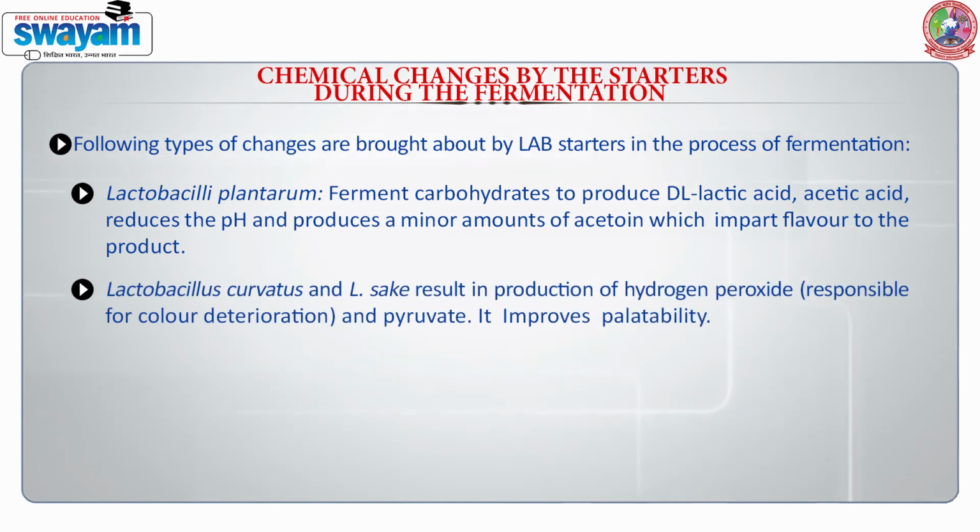Lactobacillus curvatus and Lactobacillus sakei result in the production of hydrogen peroxide, and this hydrogen peroxide is responsible for the deterioration of the color, and it also results in the production of pyruvate. However, it improves the palatability.